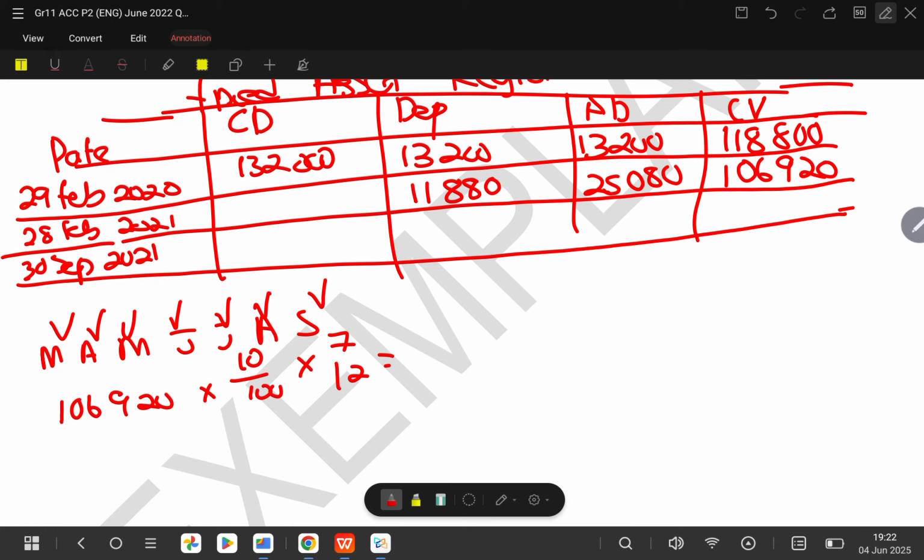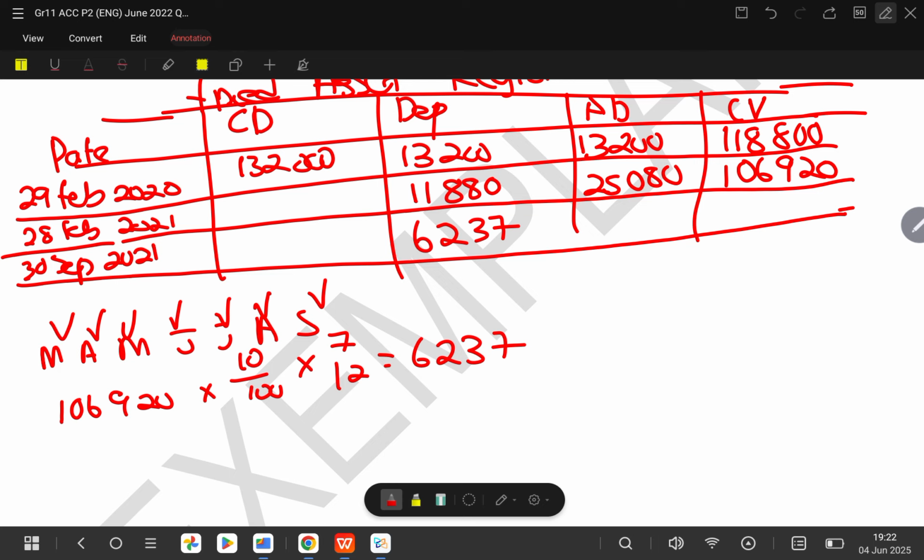Okay, so let's do it. We'll take 106,920 multiplied by 10 divided by 100, and then multiplied by 7 divided by 12. It gave us 6,237. That 6,237 will come here, and then if we add it to our accumulated depreciation for last year, it will give you your accumulated depreciation for this year.